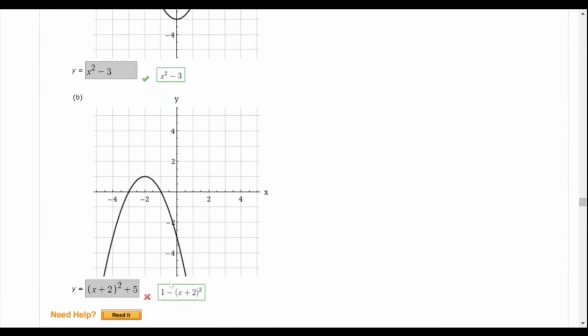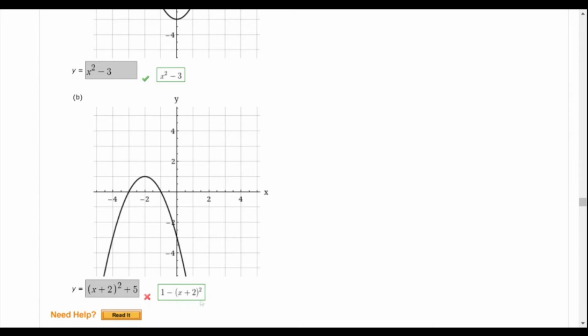Now, I know if y'all see it right now on the screen, it looks weird because the website is obviously a machine, right? When they calculate it, it might switch around, but you could put negative parenthesis x plus 2 close parenthesis squared plus 1.